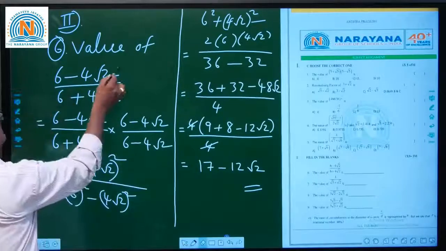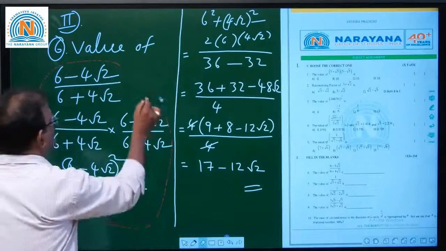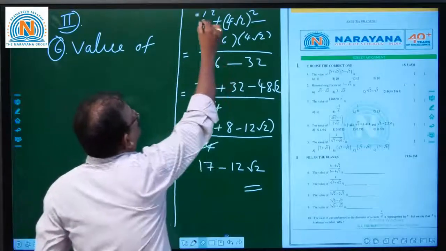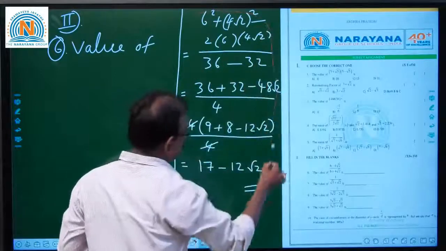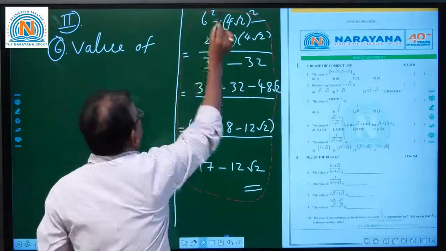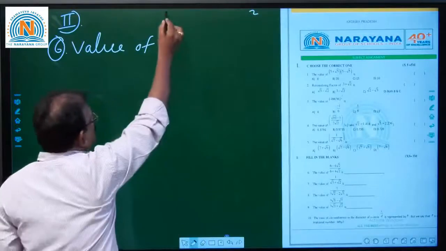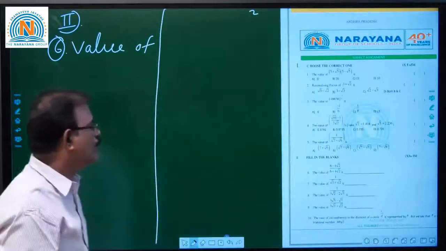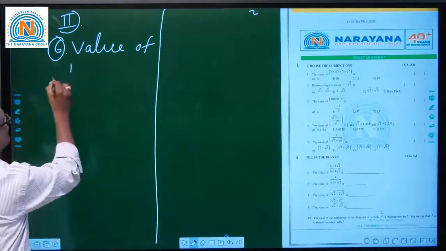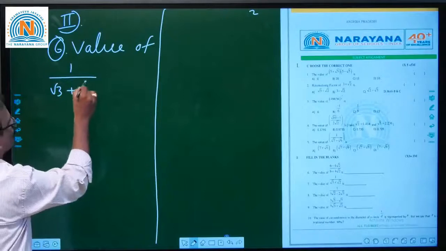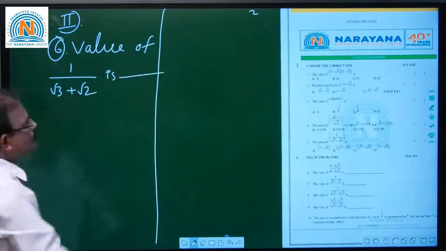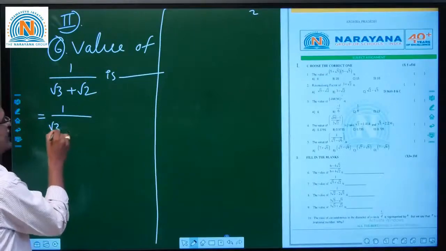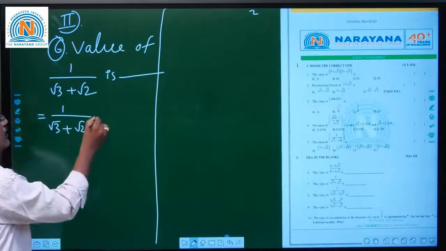Come back to question number 7. The value of 1 by (root 3 plus root 2) is how much? Let us rationalize the denominator because we have an irrational number in the denominator.